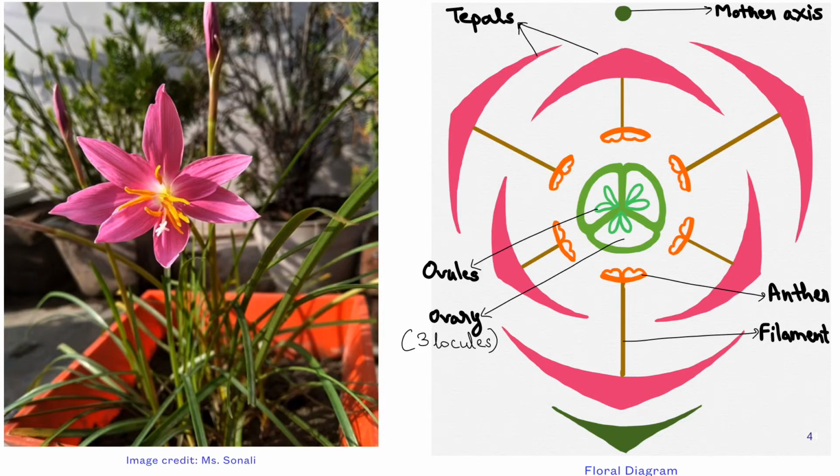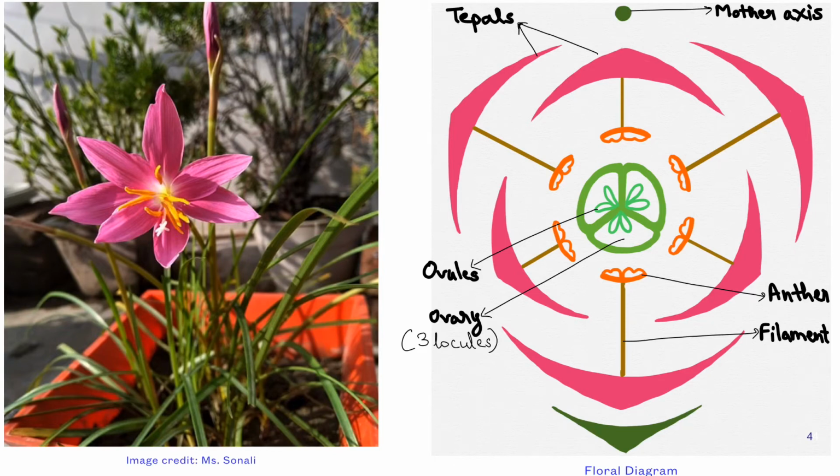Next comes the perianth. Perianth is made up of tepals and is arranged in two whorls with 3 tepals in each whorl. The tepals are, as you can see, in pink color. Next comes the androecium.